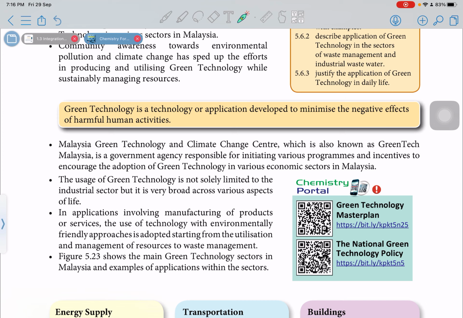So guys, for SPM, as I see just now, the question of definition can be anything as long as it is stated in the textbook.